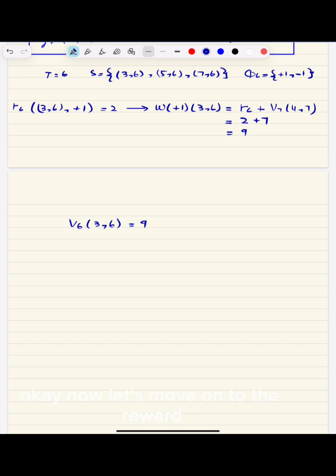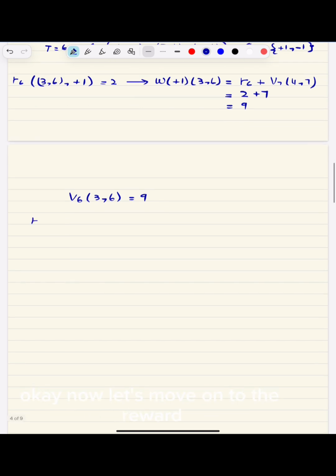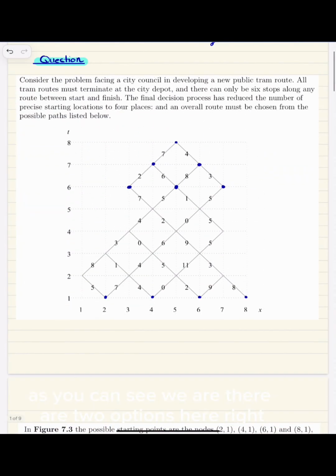Now let's move on to the reward at time period 6 when you are at the node 5 6. As you can see, there are two options here. You can either go left and get a 6, and then go right and get an 8. If you decide on taking a left, you're going to get a 6 plus a 7.